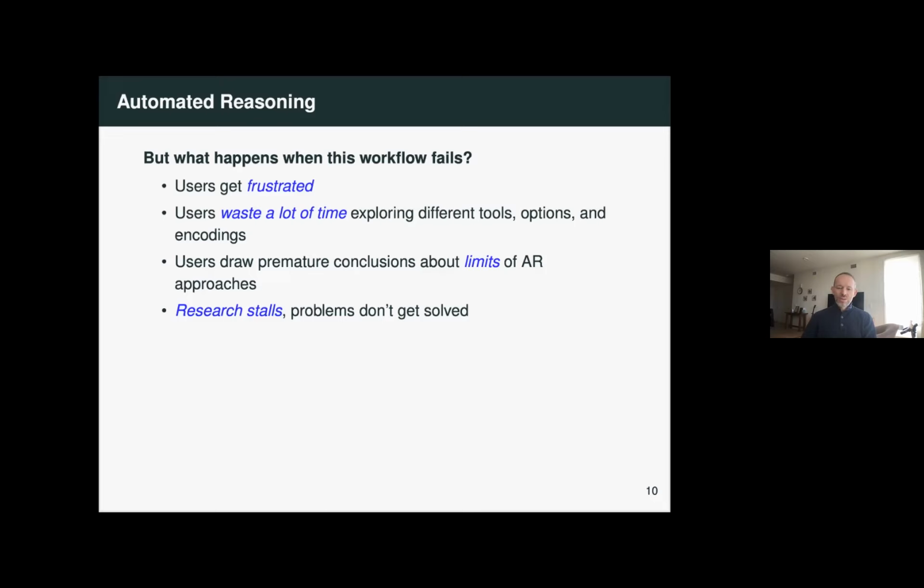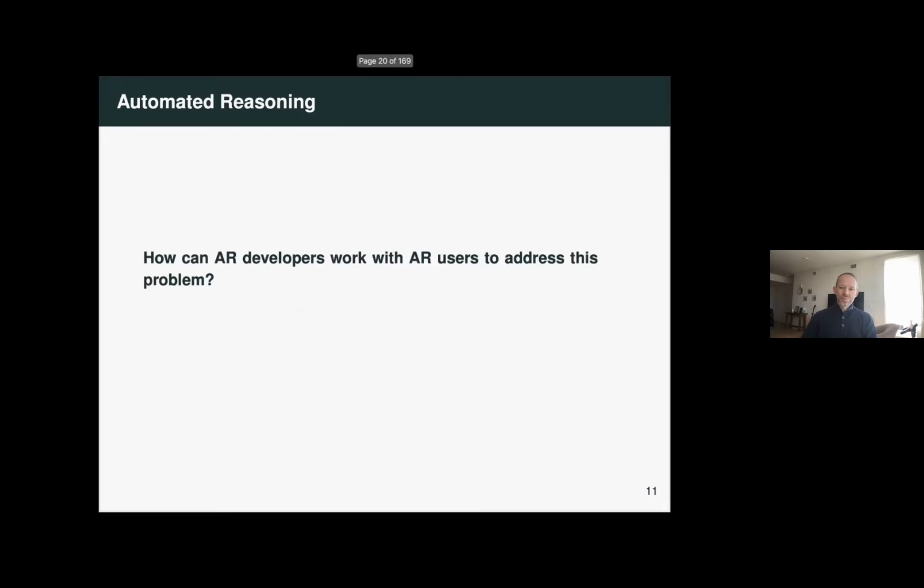And so I'd like to think a little bit about what can we do to improve this situation. And in particular, how can people developing formal methods tools, automated reasoning tools, work with their users to address this problem? So a couple of options. One, if we look at the trends, then probably if you just wait a few years, then whatever doesn't work now will work better.